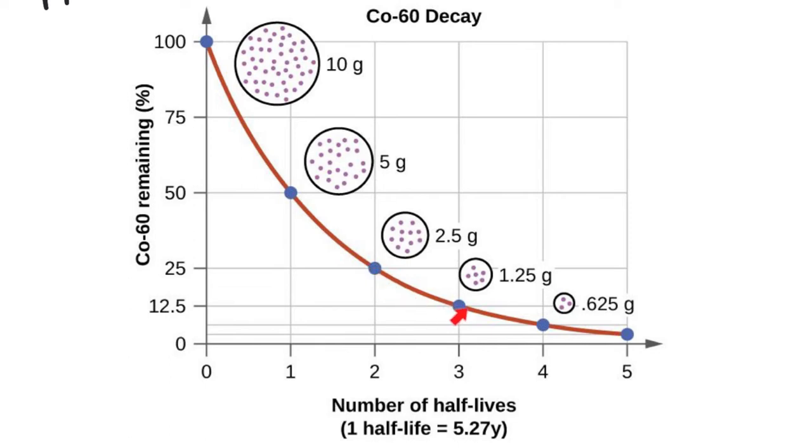And so we go on. And so, strictly speaking, we should never really get to a point where there's 0 grams of cobalt-60 remaining. But in practical terms, it comes to a point where it will no longer be a useful sample of cobalt-60 in order to carry out the treatment required.